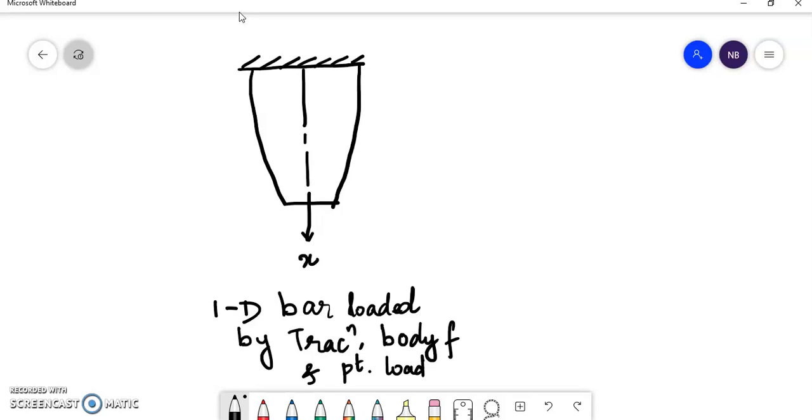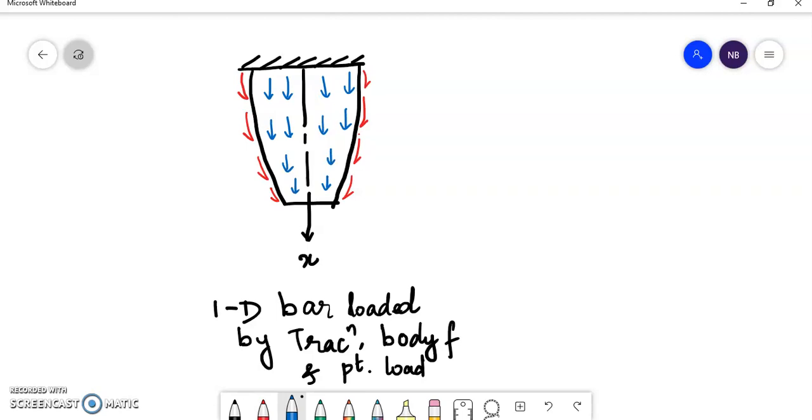The traction force is marked in red, acting along the surface. Body force is the self weight of the bar, given in blue.